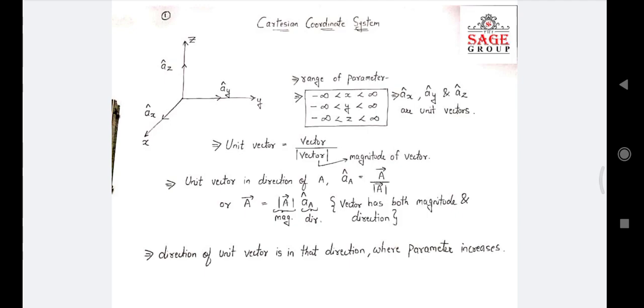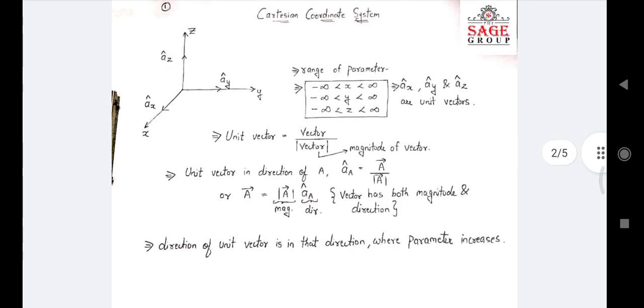Now, the unit vector in the direction of A. Suppose somebody asks you to find the unit vector in the direction of A, and A is the given vector, then how will you find it? I have written in step 3 that the unit vector in the direction of A, A cap, is equal to the vector A upon the magnitude of the vector.